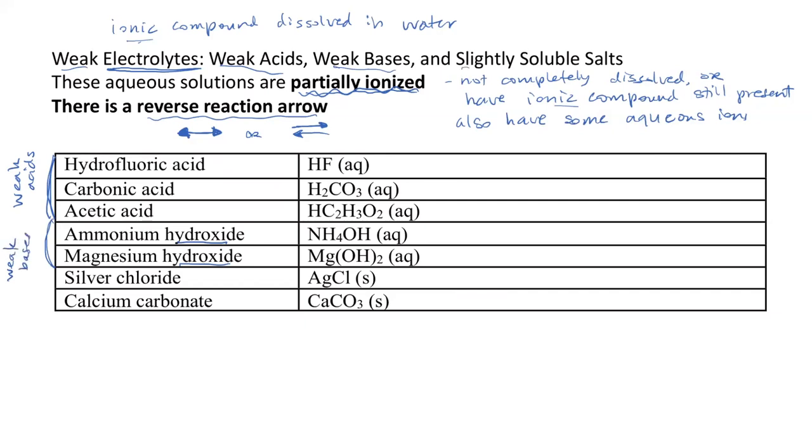And then you have what are called slightly soluble salts. And these are, by the solubility rules, you'll find that these are insoluble. For instance, silver chloride. Okay, so these are your slightly soluble salts.